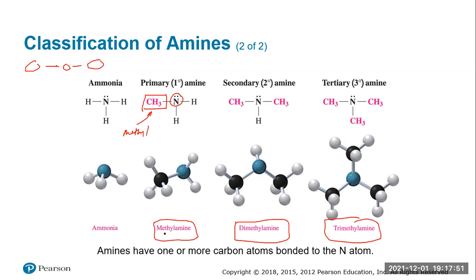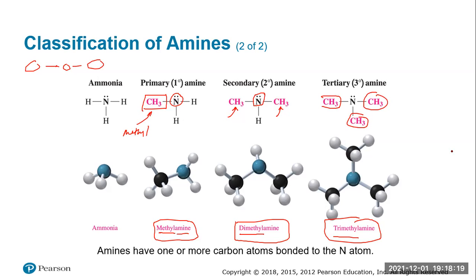We simply put amine at the end of it. So that's methylamine. Here we go to our nitrogen and we see 2 methyl groups. That is the dimethyl, and again, amine. And here we have 3 methyl groups, hence the trimethyl part, and amine at the end of it. So this is the common way of naming amines.